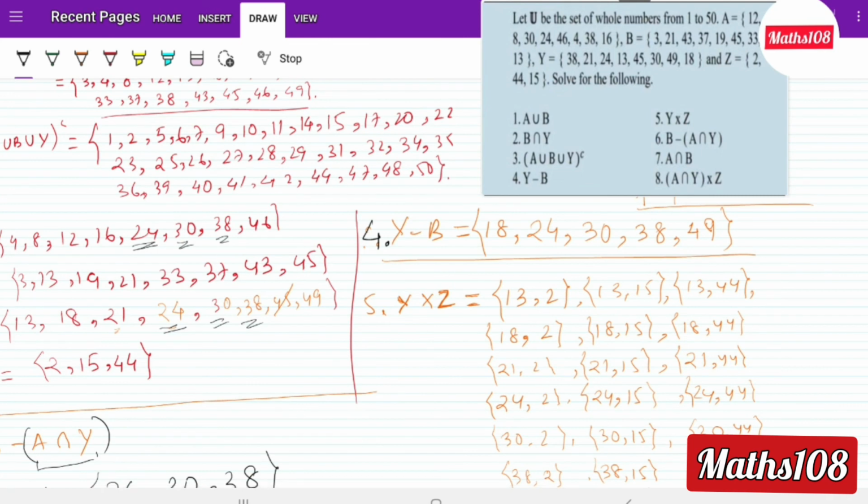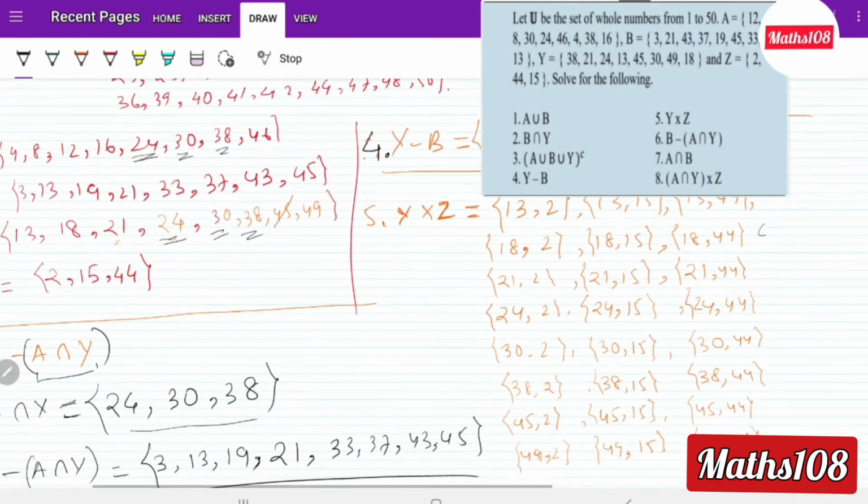Next we calculate the product of Y into Z. Product of two sets is we need to put all the individual elements of the sets together one by one. This is called Cartesian product.